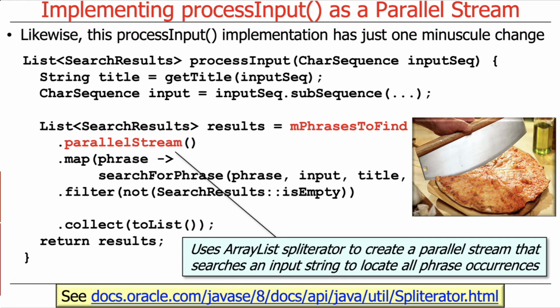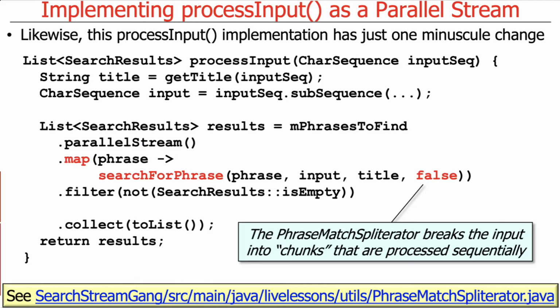And we turn that into a parallel stream. And of course, under the hood, that uses the array list splitterator to split things up into chunks, so that we can now search for the input phrases in parallel. And then we use the map method, which is the intermediate operation that does transforming.